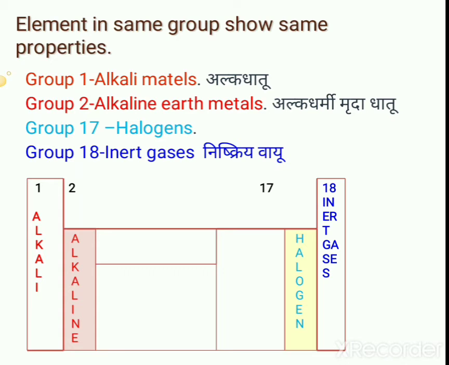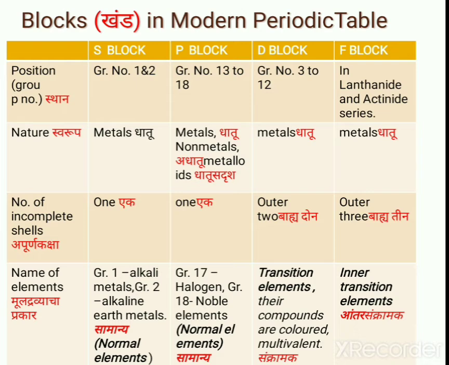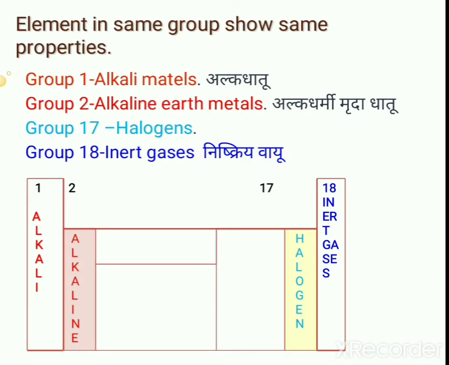Or the question may be: draw a sketch of the modern periodic table and show the different elements, that are alkali metals, alkaline earth metals, halogens and inert gases. Then you have to draw the sketch like this: group number 1 alkali metals, group number 2 alkaline earth metals, group 17 halogens and group 18 inert gases.